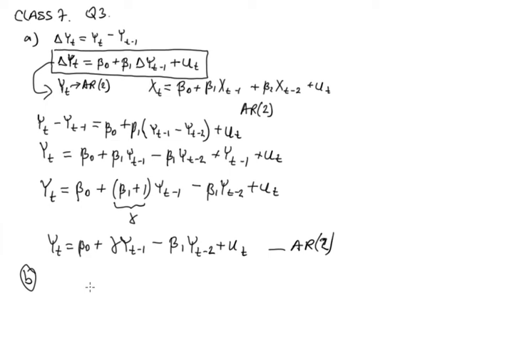Basically, all we need to do is show what the coefficients are. The intercept is beta 0. The coefficients on these terms are just gamma and beta 1. I think that's what it asks for. So pretty much that's what it is.